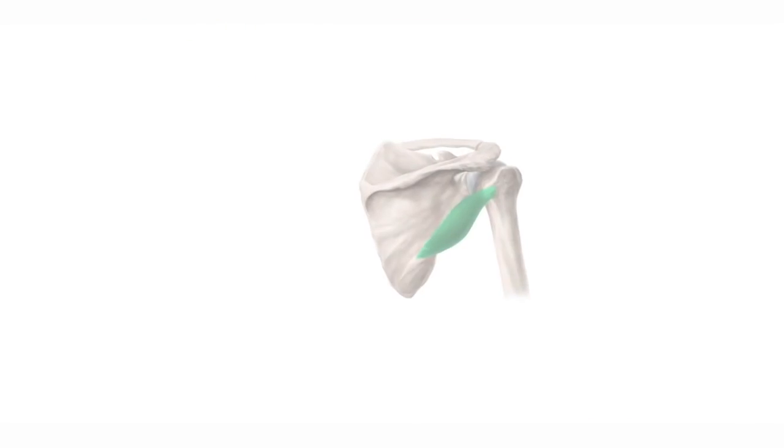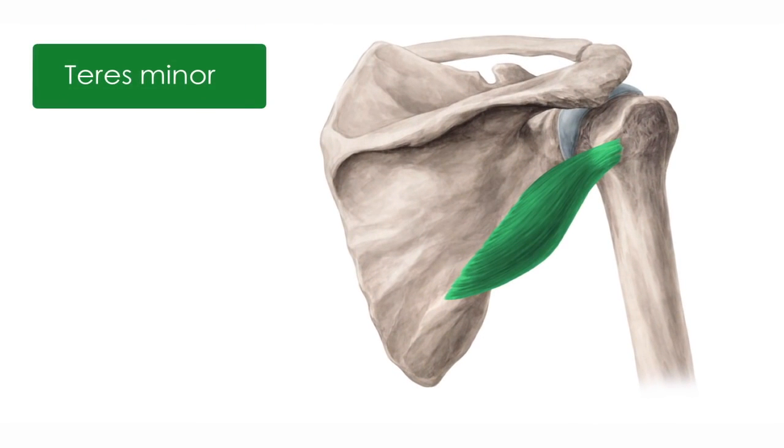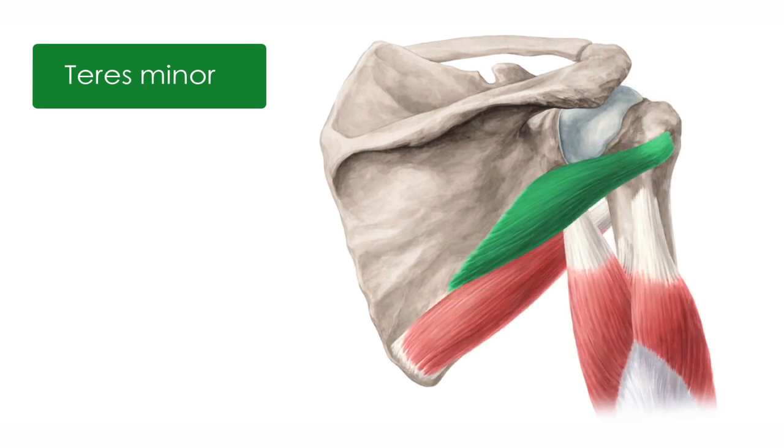Now, as I promised, let's talk about the teres minor, which will be originating from the scapula, more specifically on the lateral border of the scapula, and goes all the way here to insert on the greater tuberosity of the humerus. Now, I can also show you another image of the teres minor, and keep in mind that throughout this tutorial, I've been showing you images of these muscles either contracted or relaxed, and here you see that clearly.